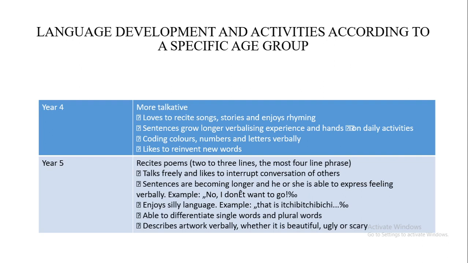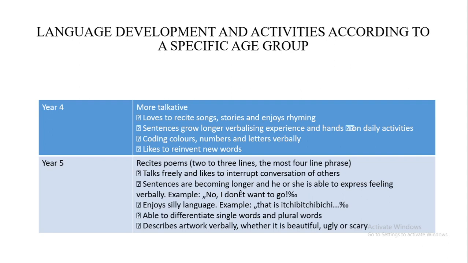By year 5, he or she could recite poems of about 2 to 3 lines, and most 4 lines, and will talk freely and like to interrupt conversations of others. The sentences will become longer, and he or she will be able to express feelings, with verbal examples like "no, I don't want to go," and also enjoy silly language, maybe something like "itchy bitchy."